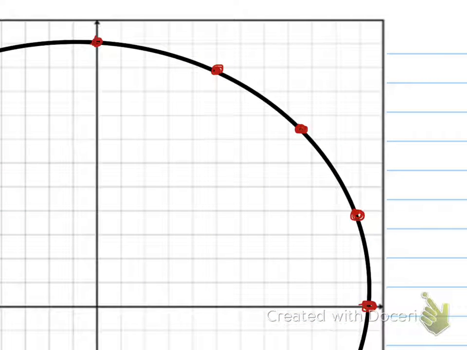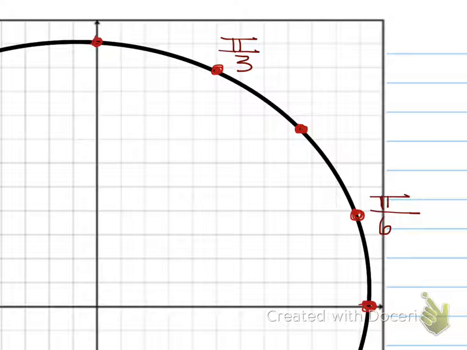All right, so just looking at the first quadrant, again, we start off right there at 0 on the positive x-axis. And then if we were to go up 30 degrees, that 30 degrees is equivalent to pi over 6 radian. 60 degrees is equivalent to 2 pi over 6 radian, which is the same thing as pi over 3 radian.